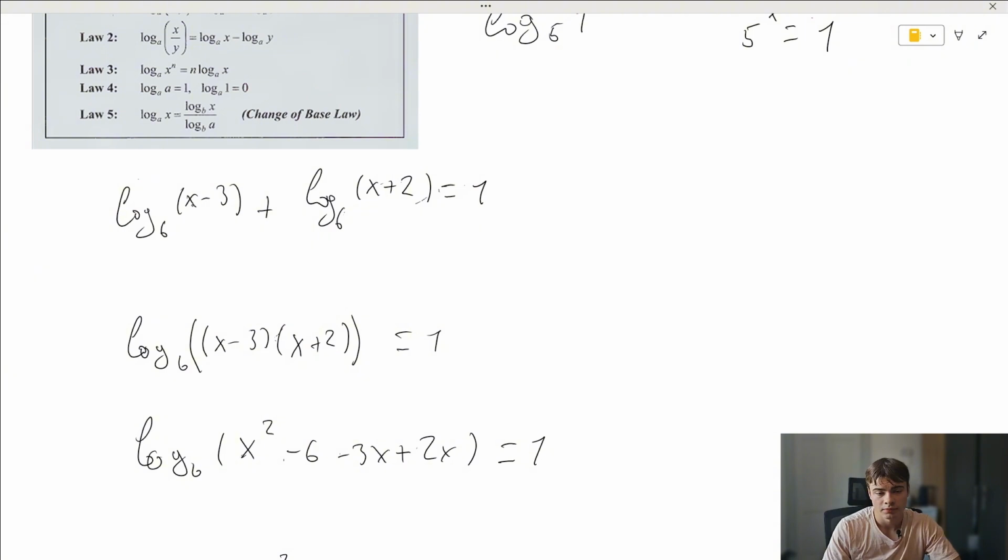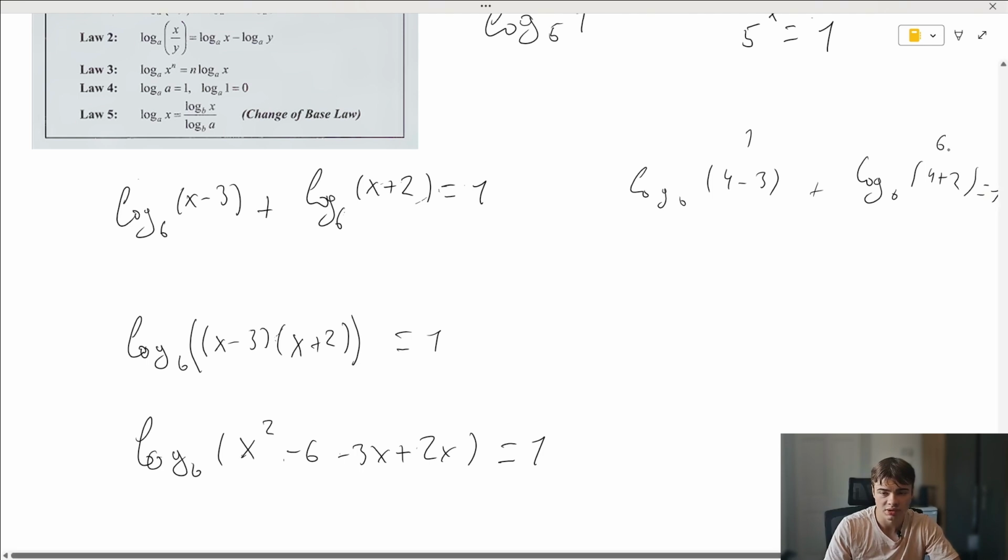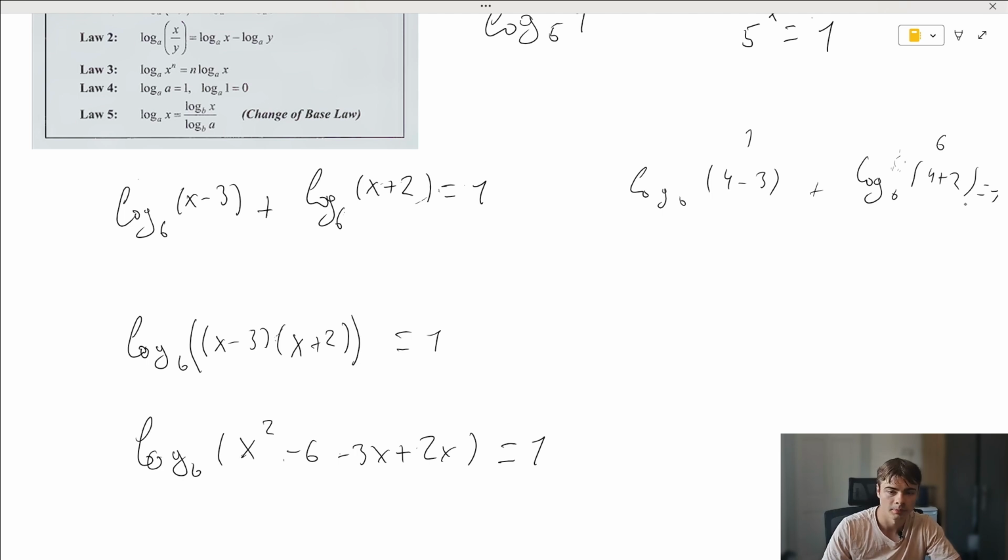Sub them in. Sub in 4, so log of 4 minus 3, that's 1, that's fine, plus log of 4 plus 2, that's 6, that's completely fine, and that's actually equals to 1. This equals to 0. So the answer is correct.